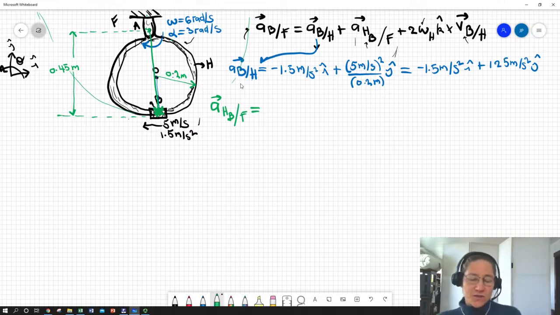So we can just use relative acceleration of 2 points on one rigid body.